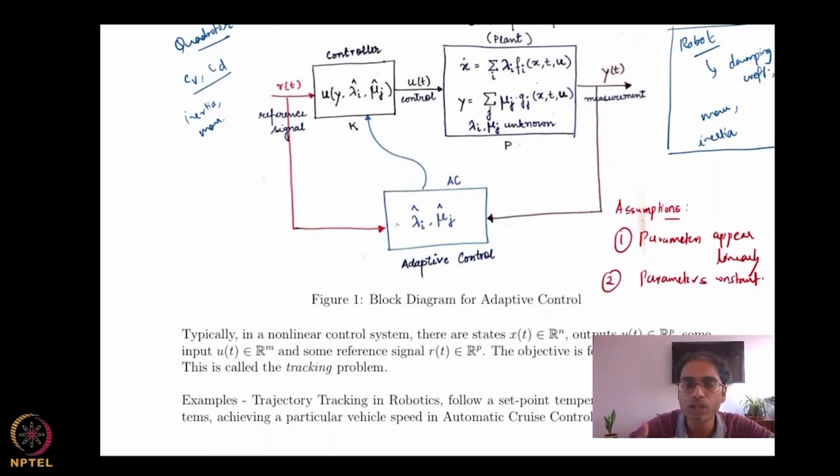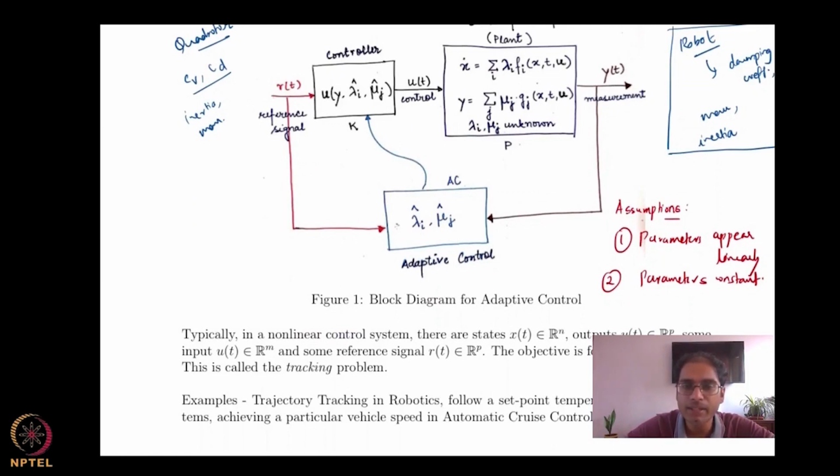You hear a lot of folks who do parameter tuning, not parameter tuning, but gain tuning. They take a typical PID control, and then they take the P gain, I gain, and D gain, and tune these gains based on some kind of performance metric.